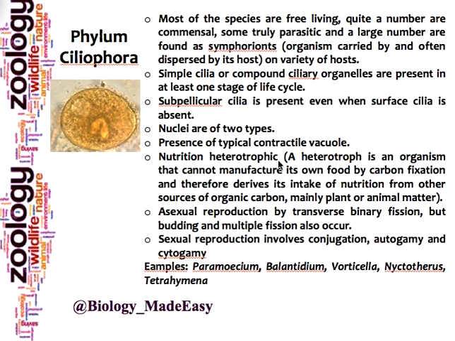Nutrition is heterotrophic, so they are dependent for food on other organisms. The members perform asexual reproduction by transverse binary fission, but budding and multiple fission also occur. However, sexual reproduction involves conjugation, autogamy and cytogamy.